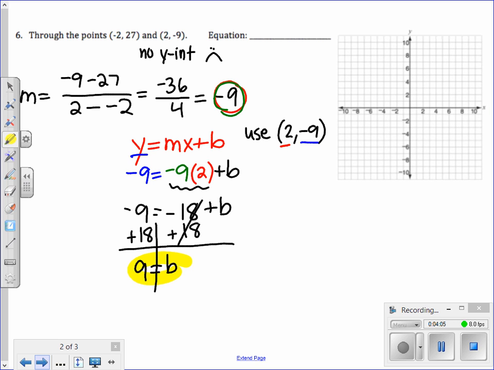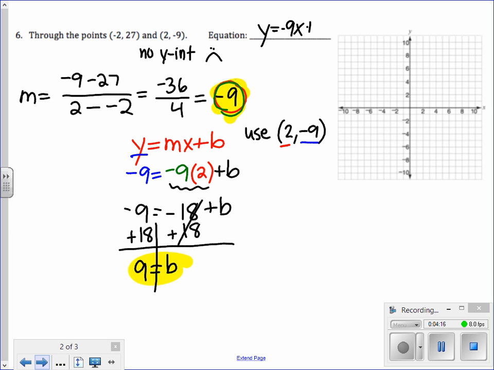Now that I have 9 equals b and the slope of -9, I know my equation in slope-intercept form: y equals -9x plus 9. That's a really steep slope, but that's okay. Let's plot this line and then see if we can make sure we got it right.